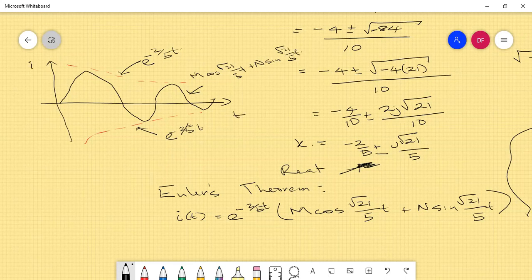When you close the switch, current is going to flow in the circuit, but it's going to oscillate and die away eventually.